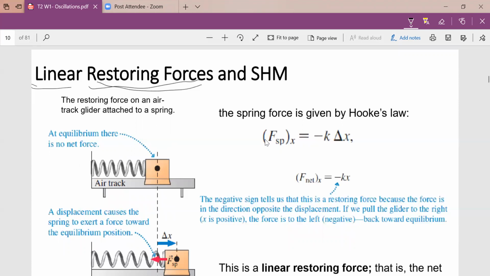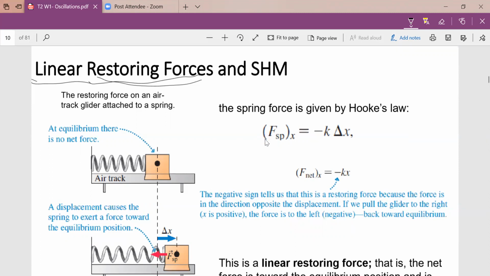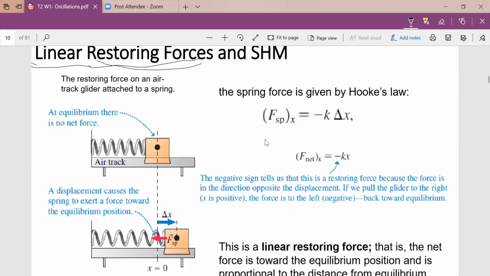The word linear tells you we're going to be looking at that force only in a straight line direction. It could be on the x-axis or on the y-axis. So let's look at how that force can be related to simple harmonic motion, which is what this experiment wants to emphasize to us.